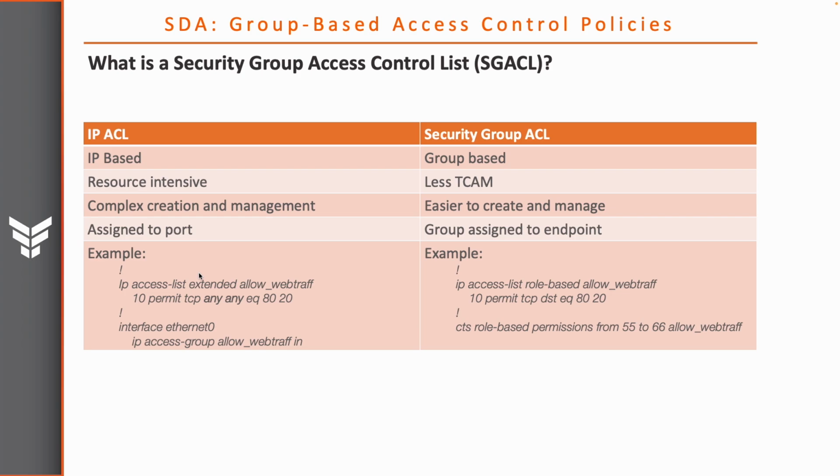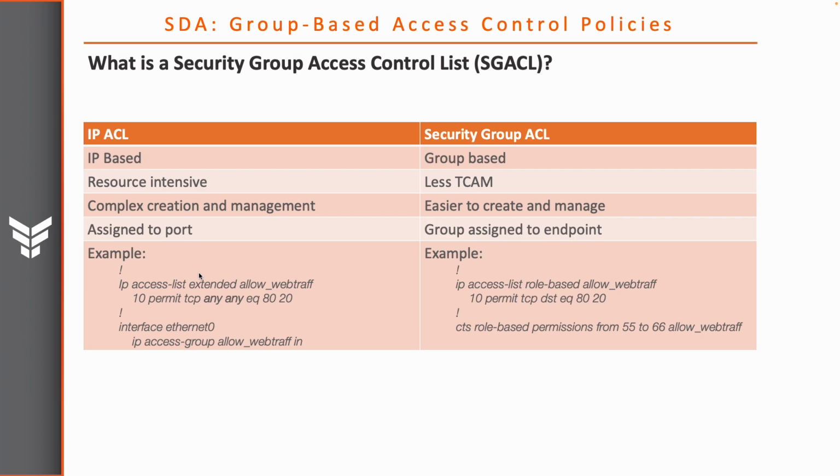Alternatively, the Security Group ACL is group-based. We're going to define our ACL based on group membership, not on their IP address. IP ACLs, when they get very large and you get a lot of hosts in an environment, you can have a very resource-intensive configuration in your systems.